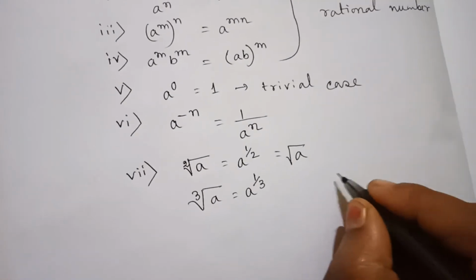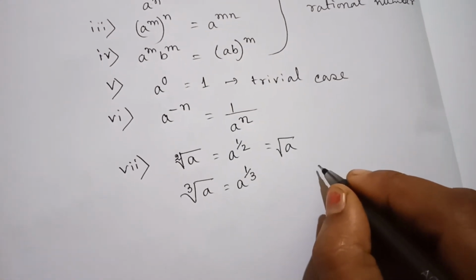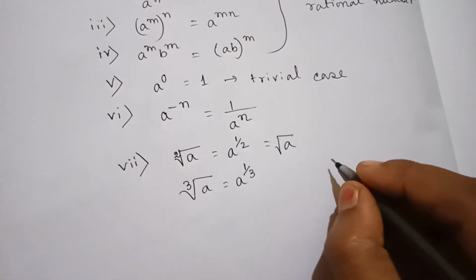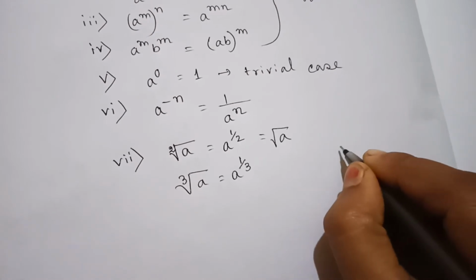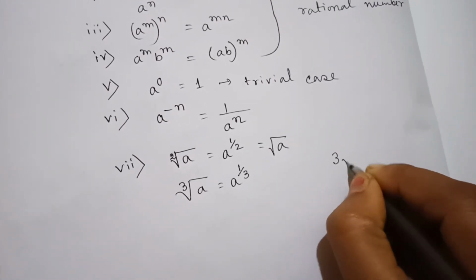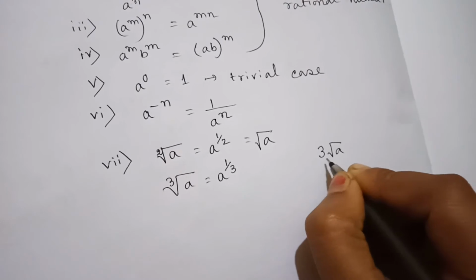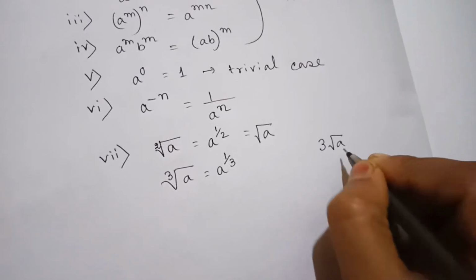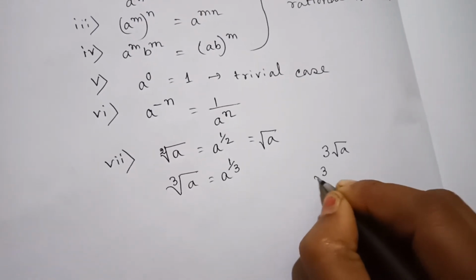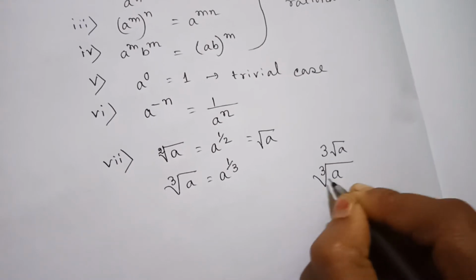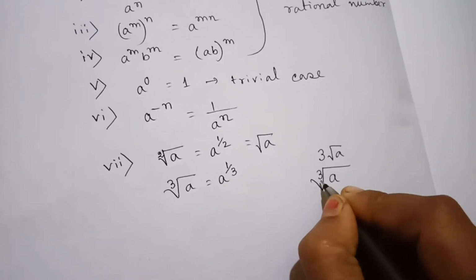I know you all have done this in class 8, but still, for my satisfaction, I just want to tell you one thing. Don't write 3 root a like this; when I write 3 inside the root sign, it will be read as cube root of a.